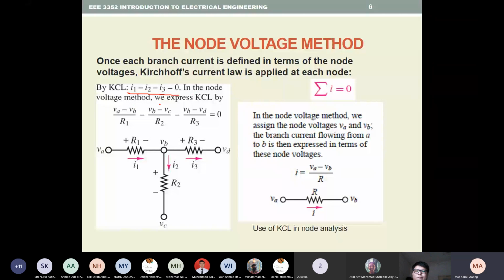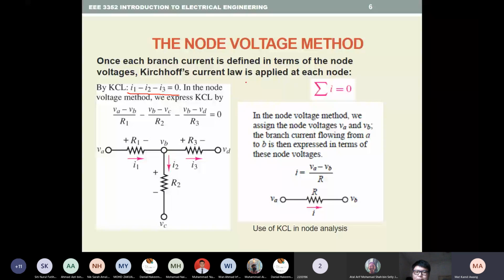In the node voltage method, we express the KCL by this term. Remember just now that we say that the voltage across R1 is VA minus VB. Okay? Remember? Yes. Okay.